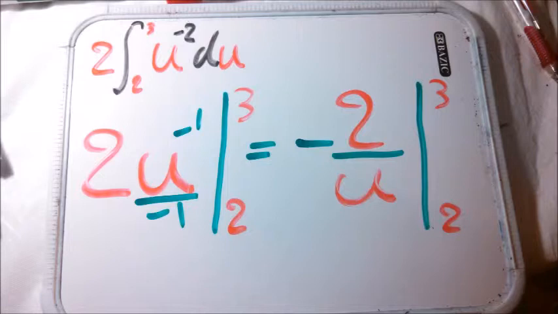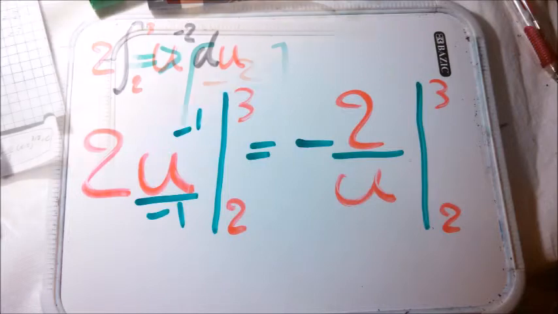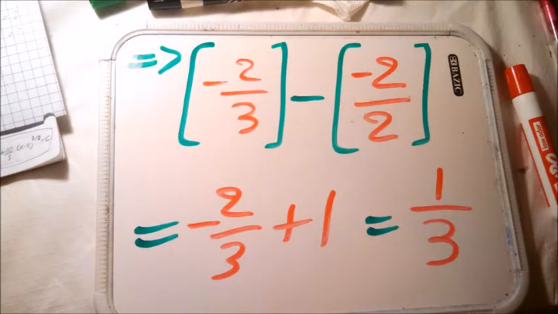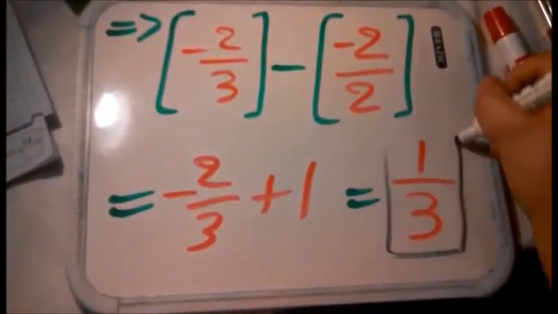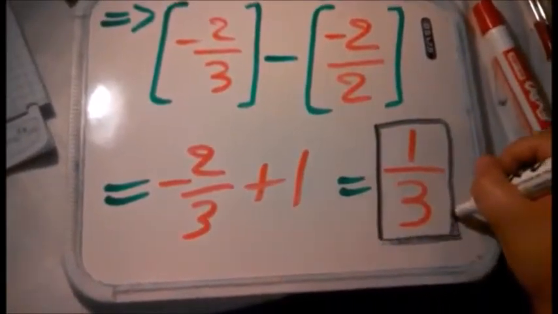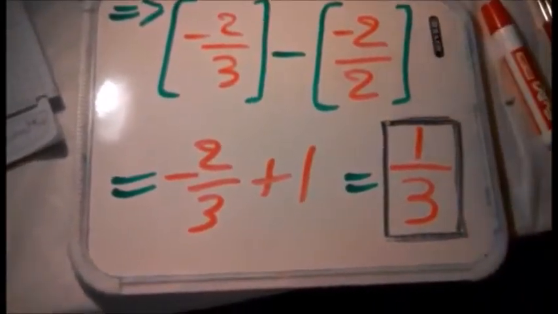The integral of u to the negative 2 becomes u to the power of negative 1 over negative 1, which simplifies into negative 2 over u, which leads us into the final step of evaluating from 2 to 3. First, we plug in 3 into negative 2 over u, minus, we plug in 2 into negative 2 over u. When we solve for it, our final solution is 1 over 3 for the end of this problem.